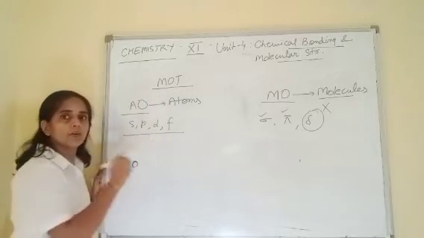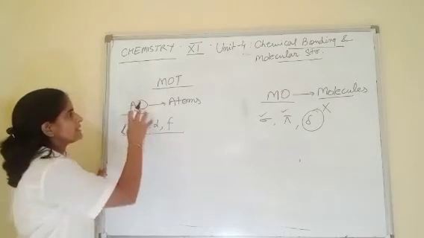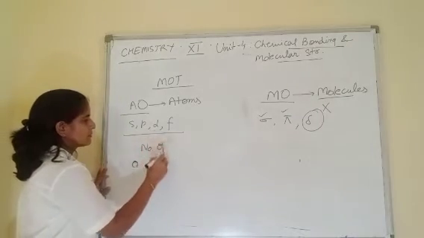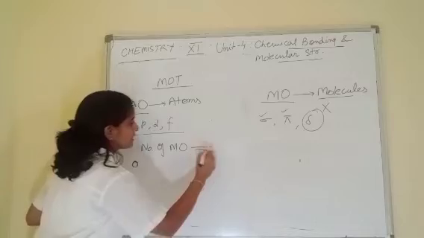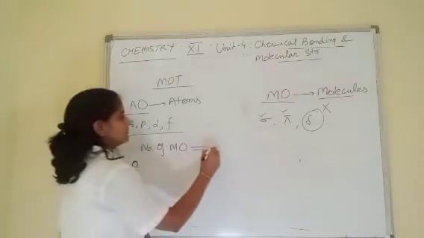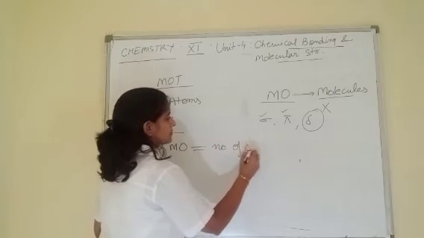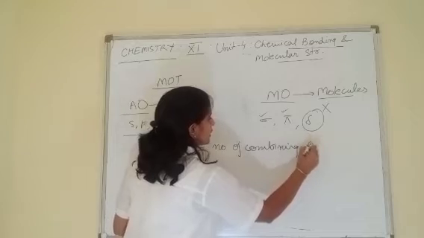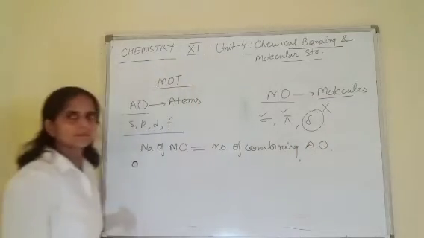And how many molecular orbitals do we get by these atomic orbitals? The number of molecular orbitals is exactly equal to the number of combining atomic orbitals.